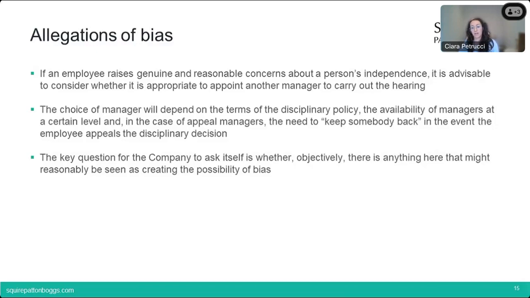In smaller organizations, it's going to be a bit harder, and you'll probably want to look into whether there's anything in that allegation of bias before using someone that's then going to prevent you being able to use them at appeal. So then you might have to go external for the appeal.